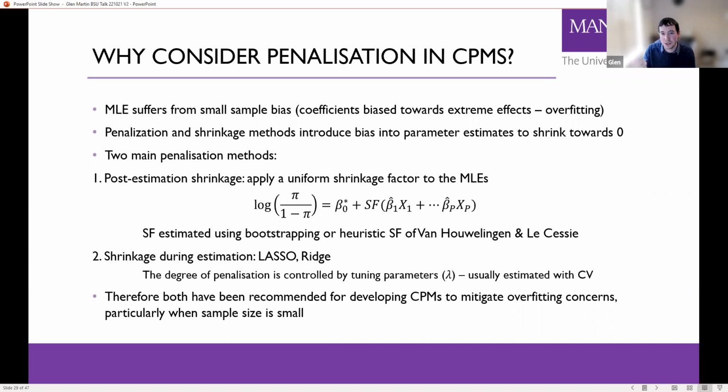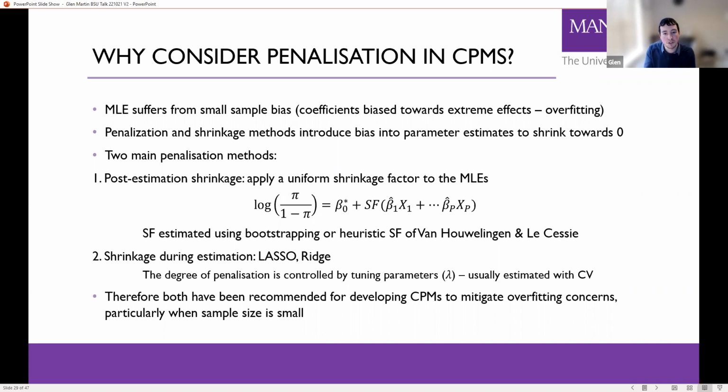So the coefficients are being estimated to be too extreme or overfit. And so penalization methods or shrinkage methods essentially introduce bias into the parameter estimation such that it shrinks those estimates towards zero to try and correct for that small sample bias from MLE.